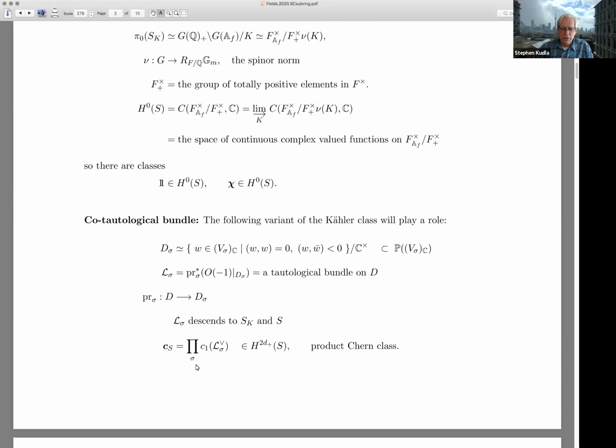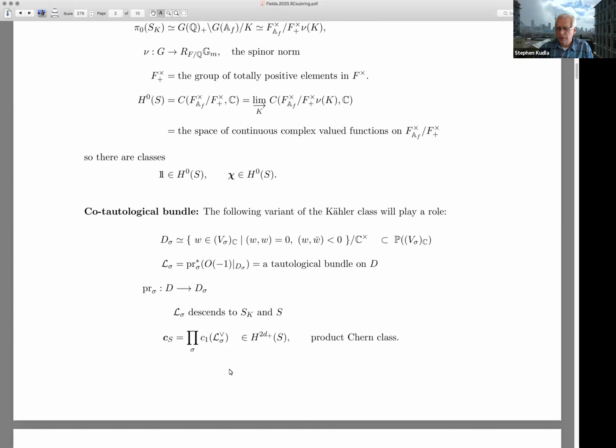And you can consider the following class, which is important in this discussion. Namely, you take the first Chern class of these, which all are in H2. But you see there are d plus of them coming from the different factors. And so I take their product and I get a class, which I'm calling C sub S, in H 2d plus of S. So there's this natural tautological Chern class floating around.